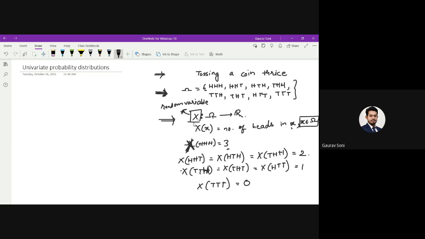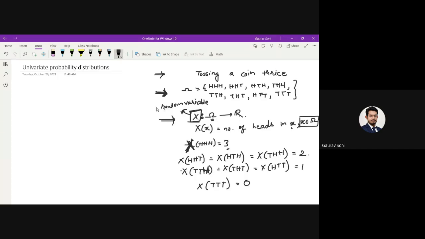You're not getting what this random variable is? I'm saying that X is called the random variable. What is X? In short, you need to define X. X is a function. Exactly. So it is a function from the sample space to the set of real numbers. So a random variable is actually a function from the sample space to the real numbers.